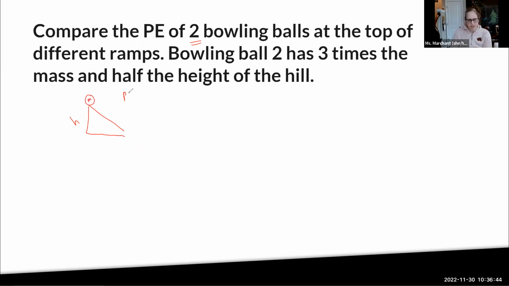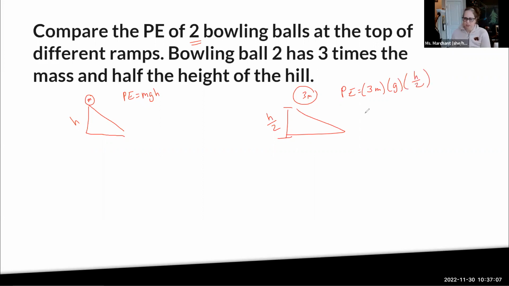So his potential energy is mass times gravity times height. My second one, bowling ball 2, has 3 times the mass. So 3m and half the height of the hill, h over 2 for his hill. So his potential energy is 3 times the mass, 3m. Gravity's still the same, and his height is h over 2.